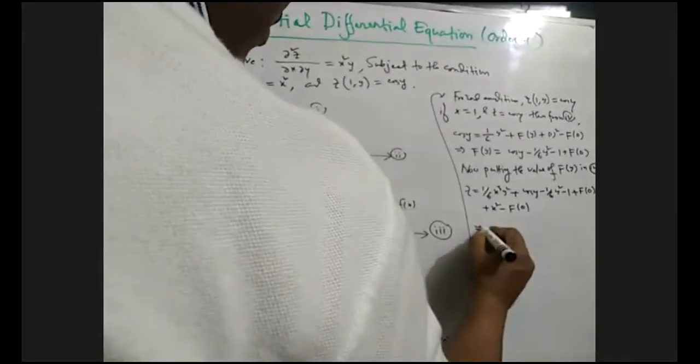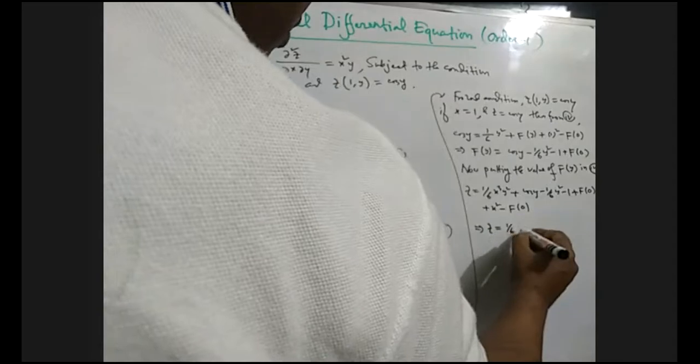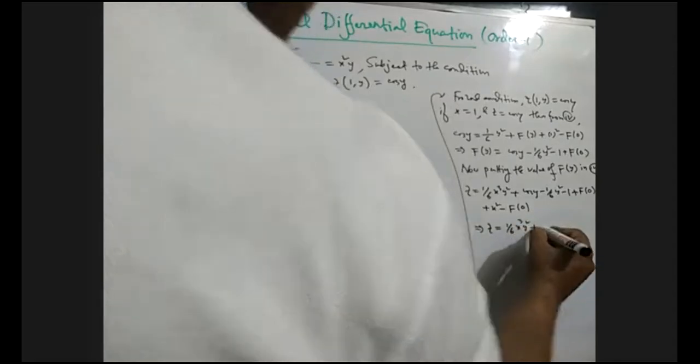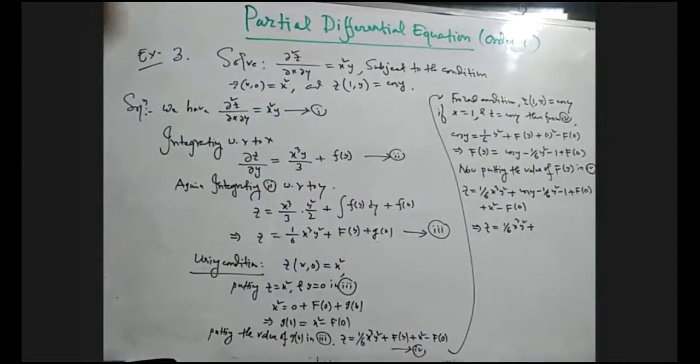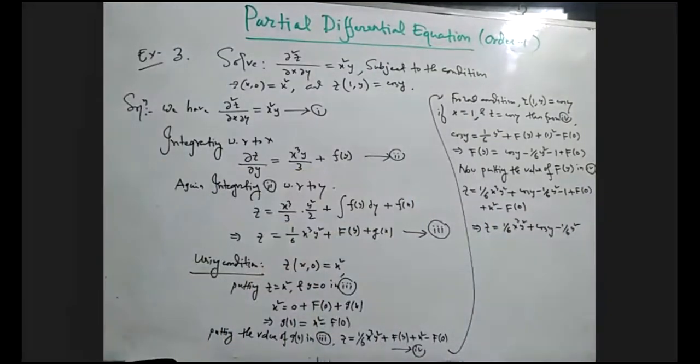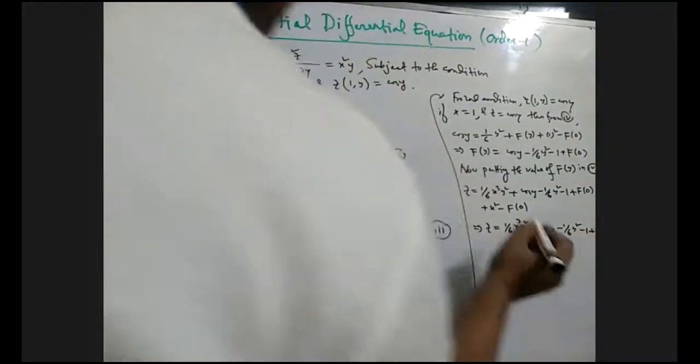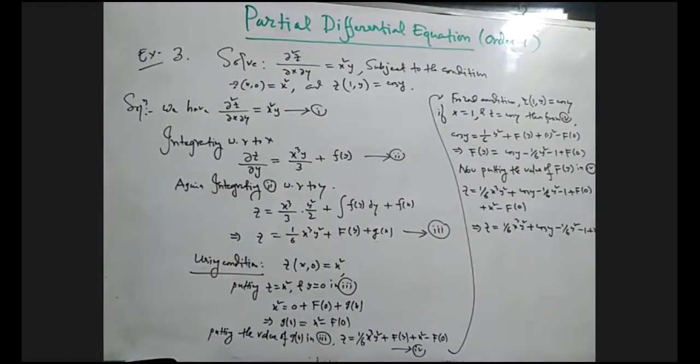So f of 0 and f of 0 cancel. We then find the general solution: z equals 1 by 6 x cube y square plus cos y minus 1 by 6 y square minus 1 plus x square. This is the required solution of the given partial differential equation.